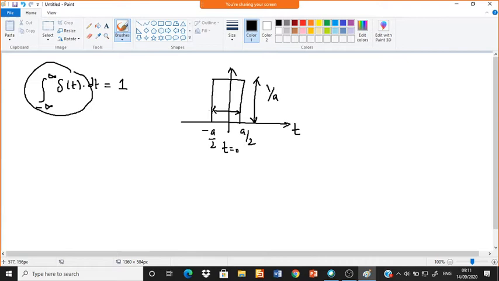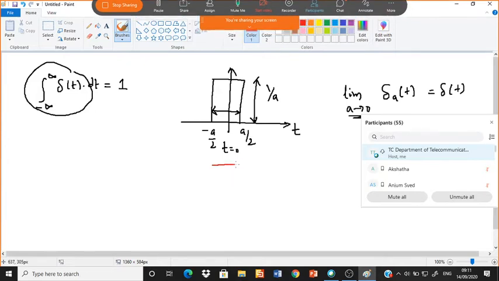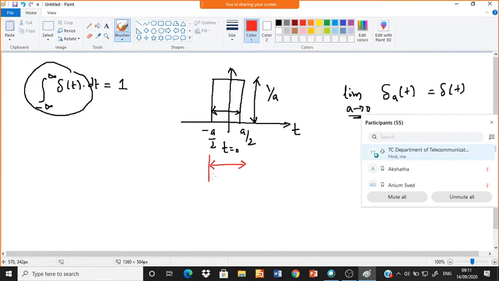So now if you take the definition in calculus, for example limit a tends to 0, this del a of t we can define as del of t. Whenever the width is defined here as a, the height is 1 over a.